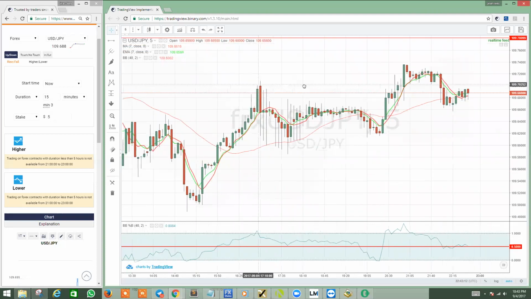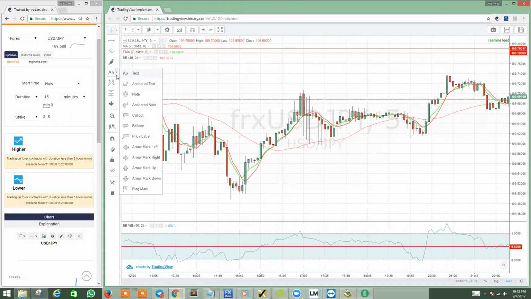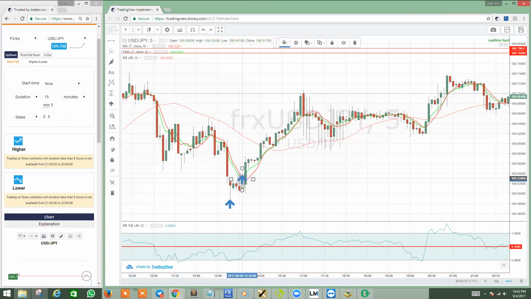So pretty much like the example I was trying to show here. At this level right there, you could have gotten in, but I wouldn't have. What I'm going to look to get in on will be right here when I see this cross.